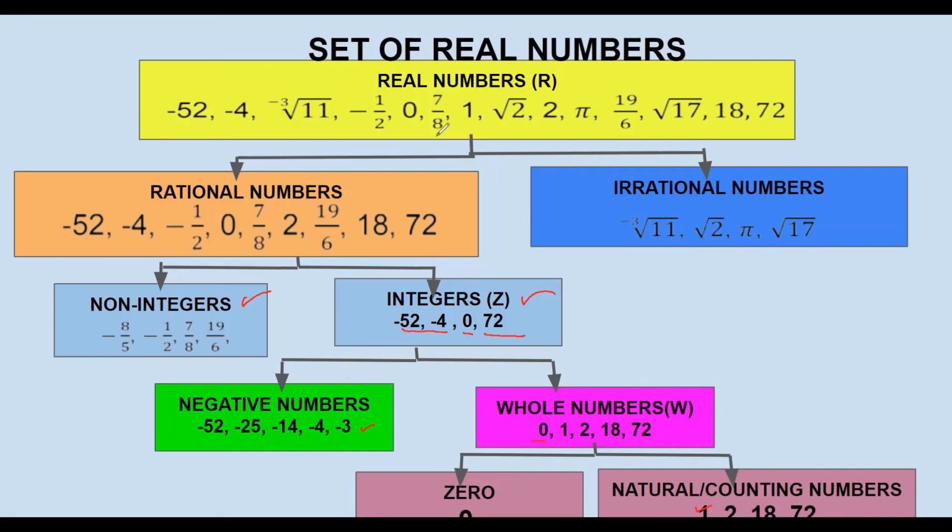So, ulitin ko, ano yung mga components ng real numbers? Simulan natin dito sa baba. Meron po tayong 0 at saka natural counting numbers. So, pag pinagsama yung natural at 0, meron po tayong whole numbers. Pag pinagsama naman ang whole numbers at saka negative, meron po tayong tinatawag na integers.